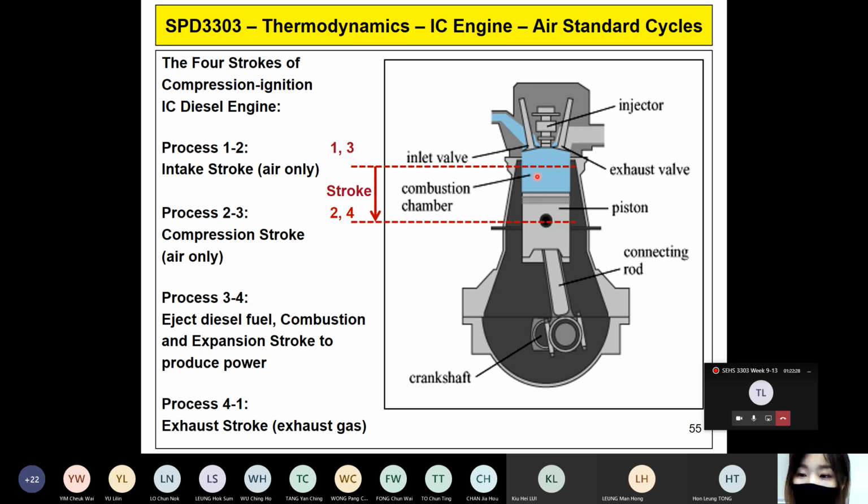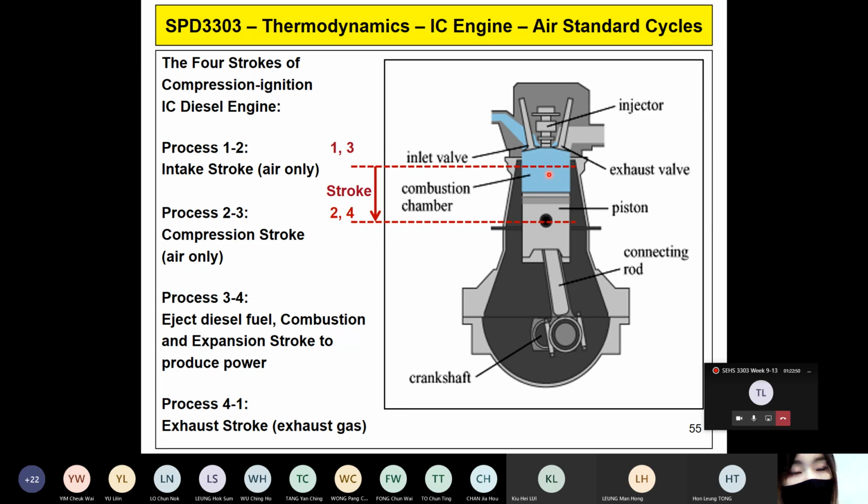But here, for the diesel engine, we no longer have constant volume combustion, because the piston moves during the combustion process. The piston moves downward to give work output.